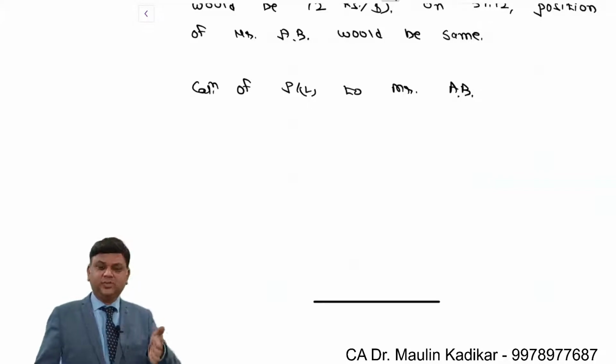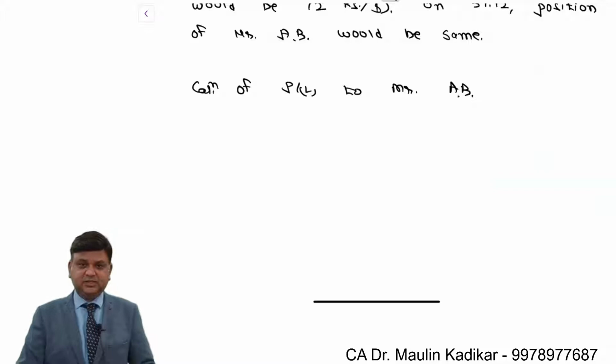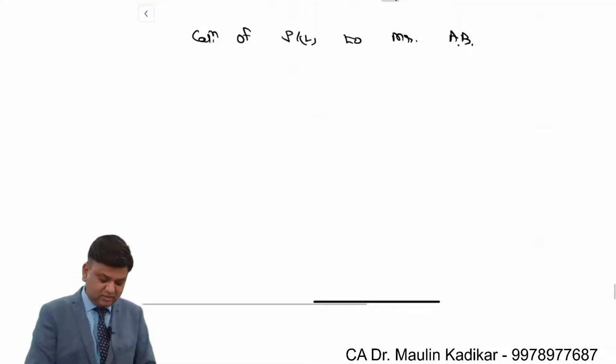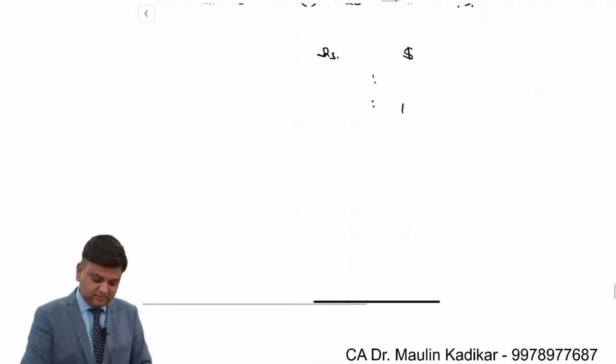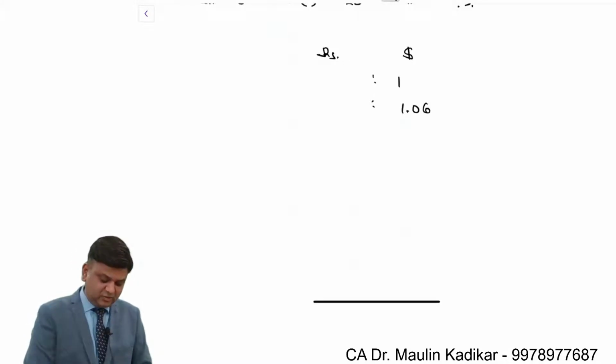So friends, borrow rupees, sell rupees, purchase dollar, invest in dollar, enter into the forward contract for conversion of the dollar into rupees. At the end of the year, maturity amount of the deposit will be $1.06. Forward exchange rate is 72 rupees per dollar.